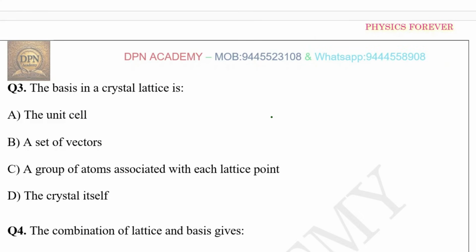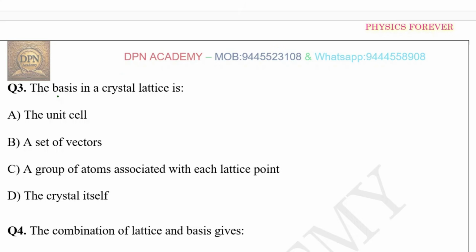So question number 3: the basis in a crystal lattice, among which one is correct? So you have to take pen and paper, and mark the answer too. That is the practice method. So what is the correct answer for that?